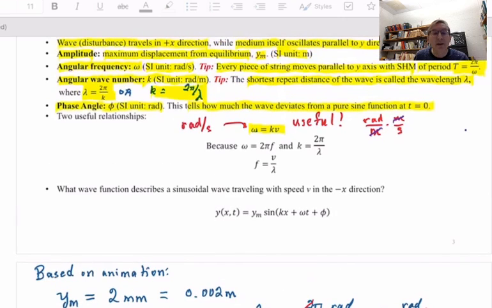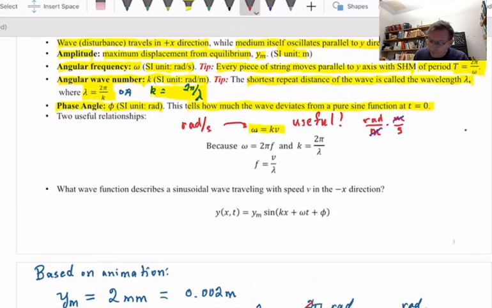Here's another useful relationship that follows right from the one I just mentioned, omega equals k times v. Given that omega equals 2 pi times the frequency f, and k, the angular wave number, equals 2 pi over the wavelength, you can substitute those expressions: 2 pi f for the omega, and 2 pi over lambda for the k.